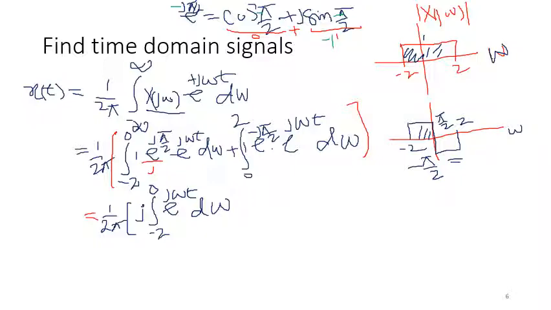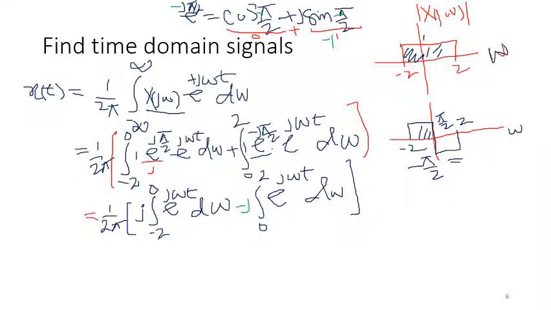So minus 1 multiplied by j results in minus j. So I write here minus j, and the integration is from 0 up to 2, and this whole thing becomes minus j times e power j omega t d omega.